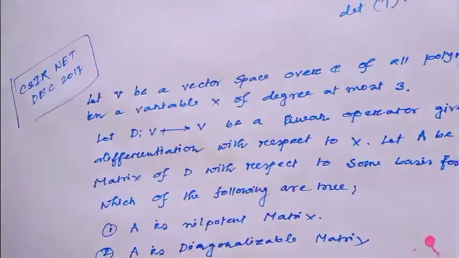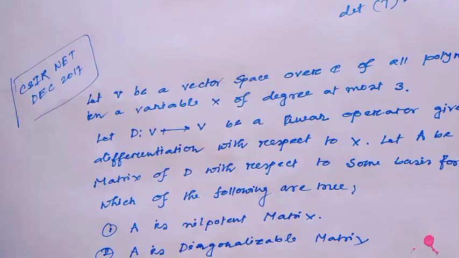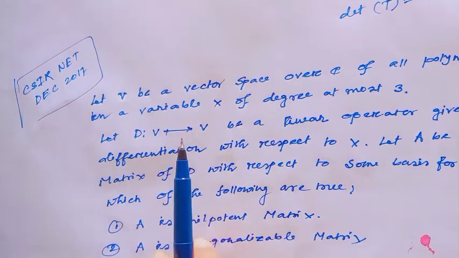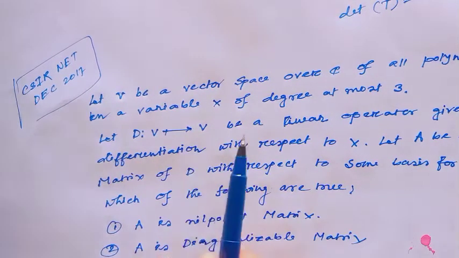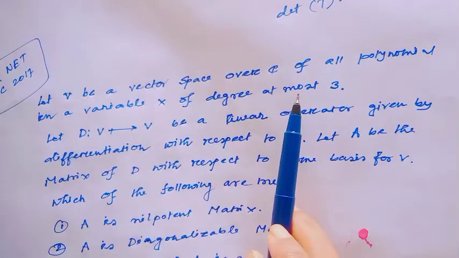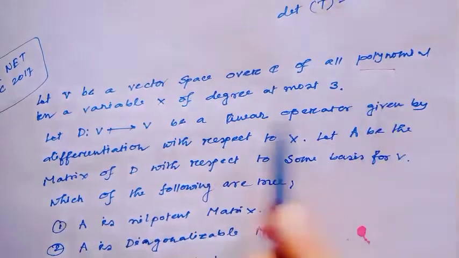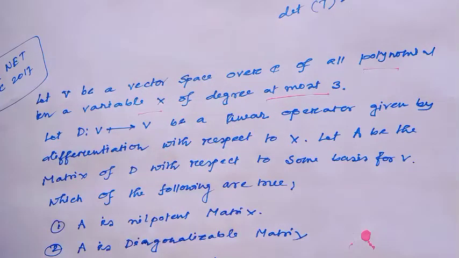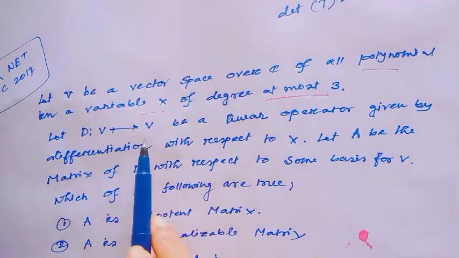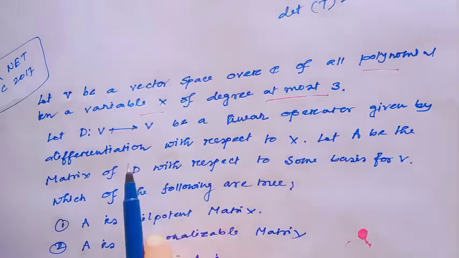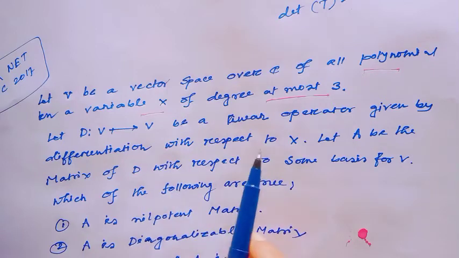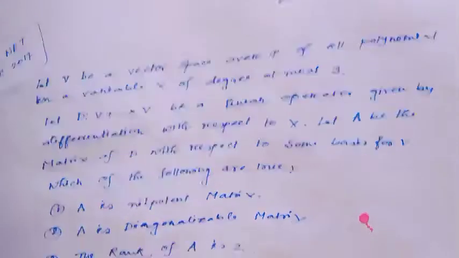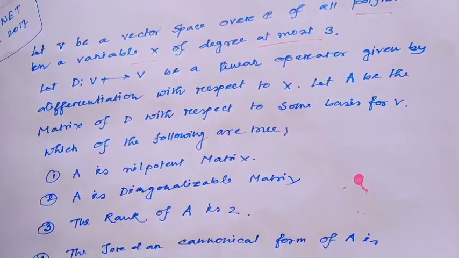Now I will see one example which came in the CSIR NET December 2017 exam. The question is: let V be a vector space over the complex numbers C of all polynomials in variable x of degree at most 3. And D from V to V is a linear operator given by differentiation with respect to x, and A is the matrix of D with respect to some basis for the vector space.